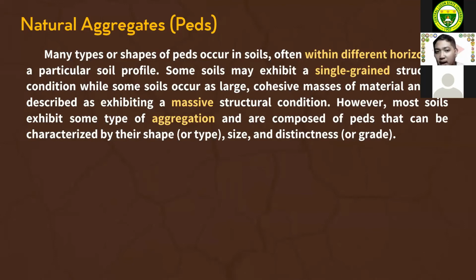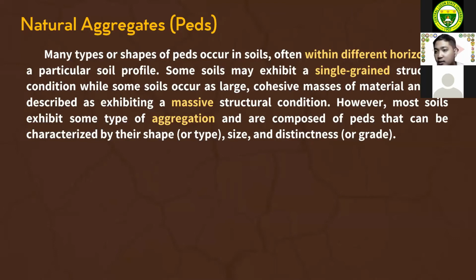So meron tayong mga tinatawag na structureless, but they are also considered as soil structure. Yung ating single-grained or yung ating sand, di ba, once na hinawakan mo yun parang pira-piraso lang. So that's a single-grained structure. Then we also have what we call the massive. Napaka-cohesive niya, wala siyang mga pore spaces.